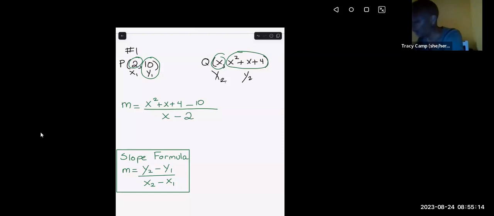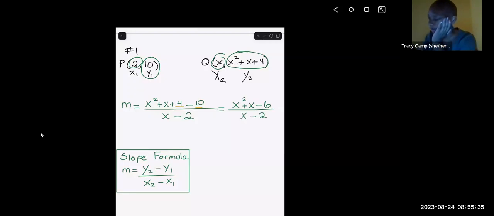And then combining our like terms right here, 4 minus 10 gives us x squared plus x minus 6. Is that correct? x squared plus x minus 6 over x minus 2.